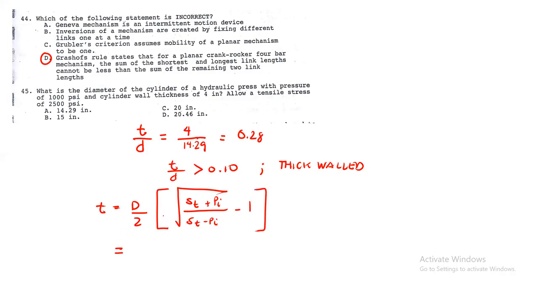Substituting, thickness is 4 inches, then diameter over 2 times the square root of tensile stress 2.5 plus inside pressure 1,000 over 2.5 minus 1,000, minus 1.